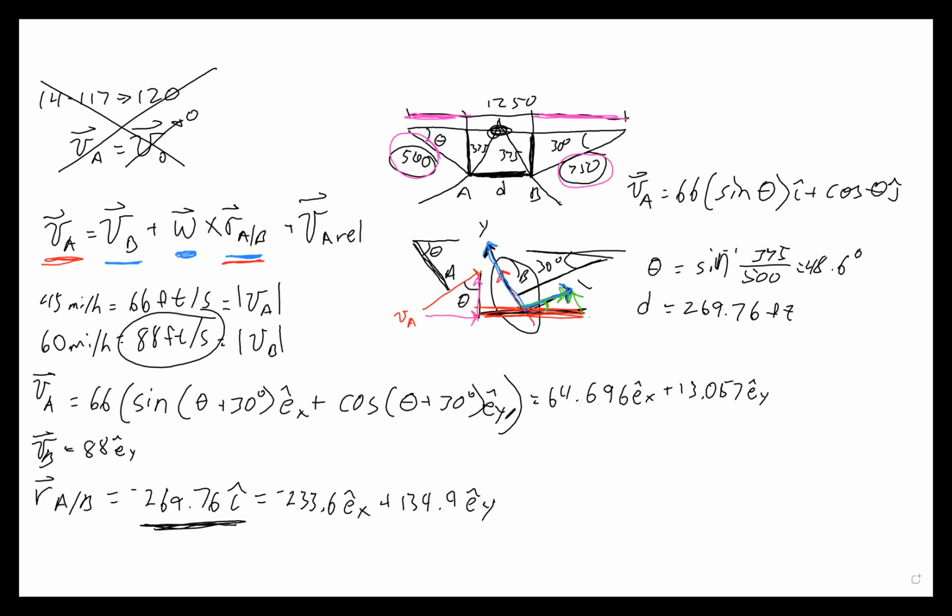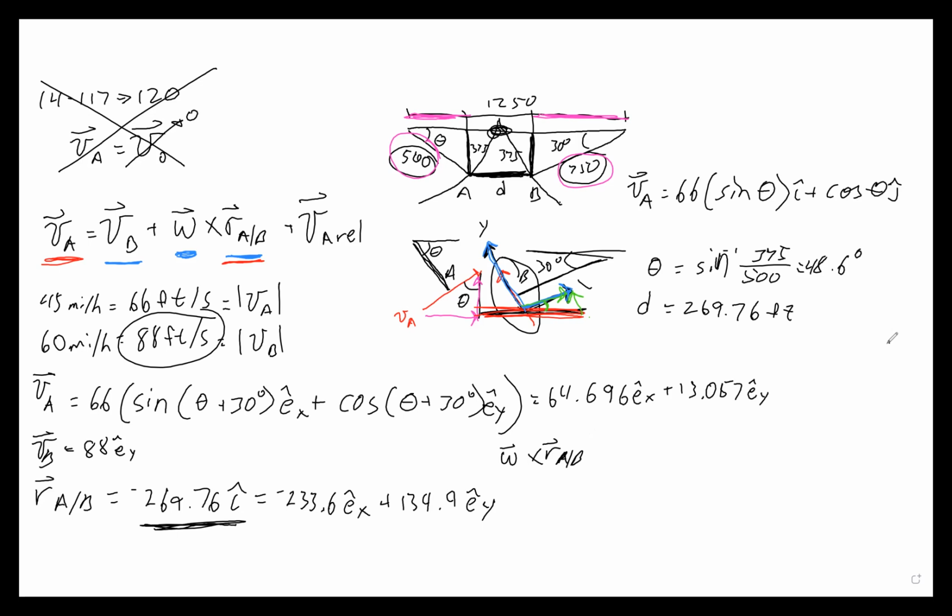All right, last thing is going to be, I'm running out of a little bit of space here, but it's going to be the omega crossed with R of A relative to B. Okay, well, we know these values. We are given that car B has a lever.